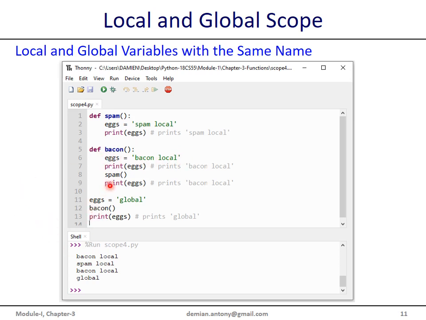And finally, the execution resumes at the global scope, and we print the variable x. Here this x belongs to the global variable, and we print the value global. This is how you can have the same variable at multiple local scopes as well as a global scope with the same name, and separate memory is allocated for these variables by the Python runtime.